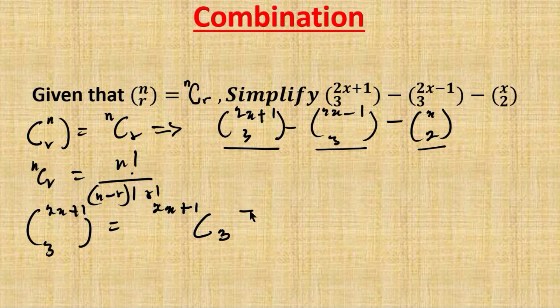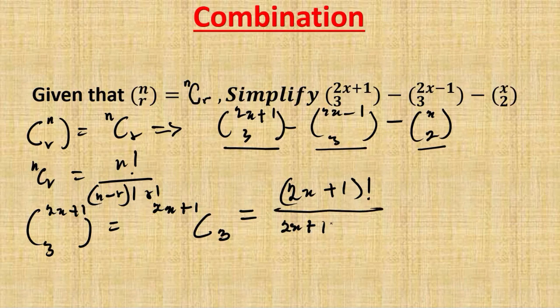So I can easily write this as (2x+1) factorial over (2x+1 minus 3) factorial, then 3 factorial.